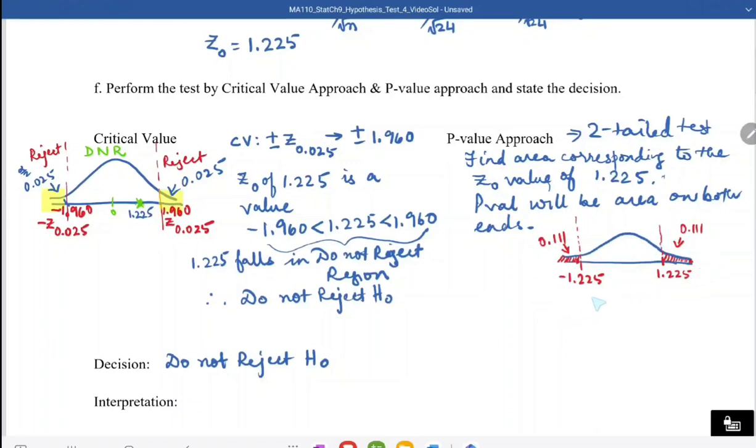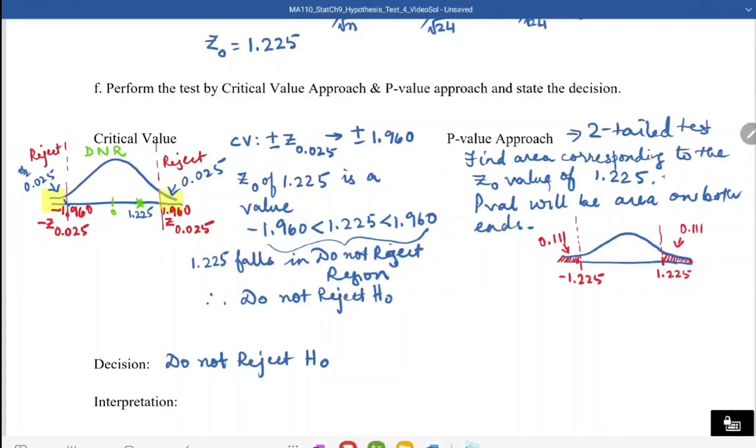Why did I look up negative 1.225 in my table? Because that table gives area to the left. You could have found the right-hand side area, but you had to do that extra step of subtracting the value you got from the table from 1.